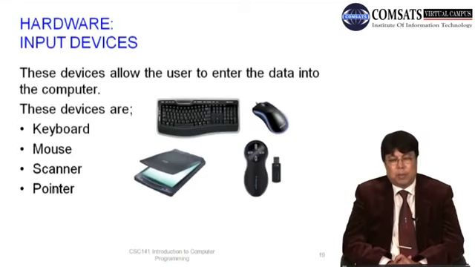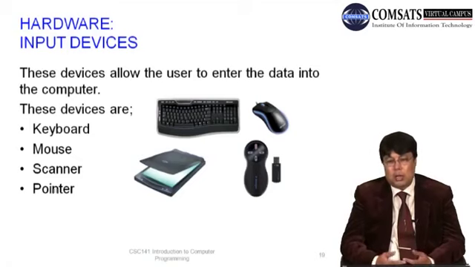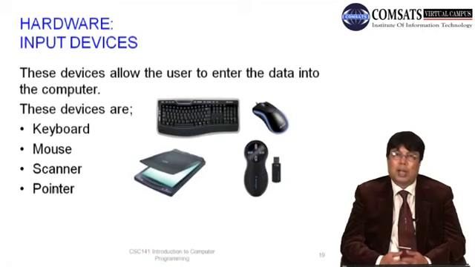Input devices, as I already said: the keyboard is an input device through which you instruct the computer and provide data, you key in the data into the computer. Then there is a mouse. The mouse is also a clicking device.